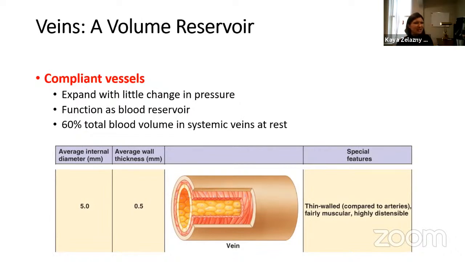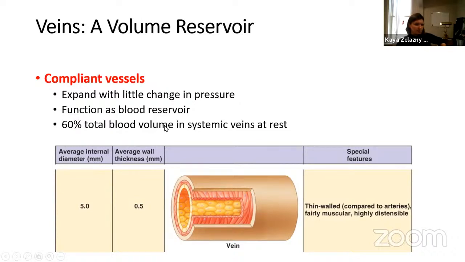If you think about it, that's kind of what you mean when you say easy, right? If it's easy for them to hold a lot of volume, means you don't have to expend a lot of force. They don't have a lot of forces building in them. So they expand, not much force, this little change in pressure. That's another way of defining easy. Okay, so they're functioning as a blood reservoir. They're going to hold 60% of our total blood volume at rest.